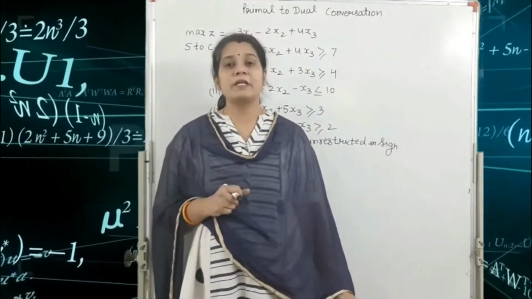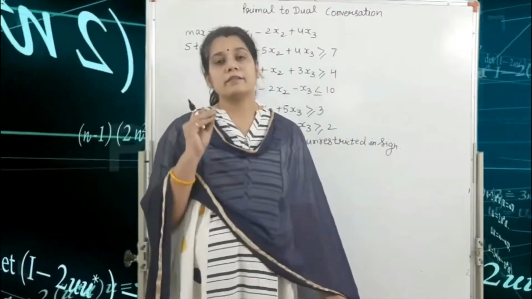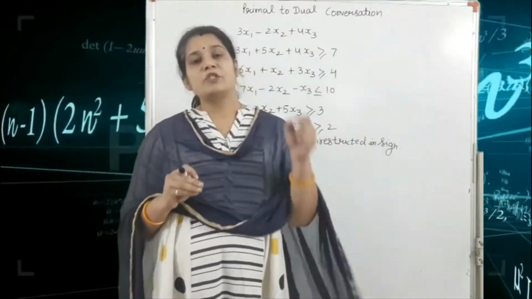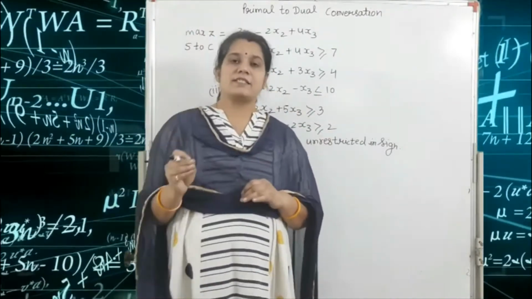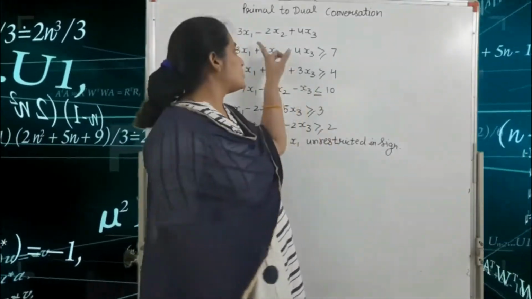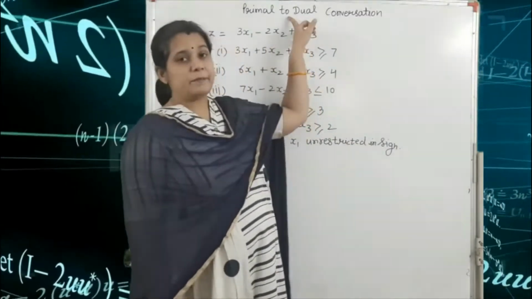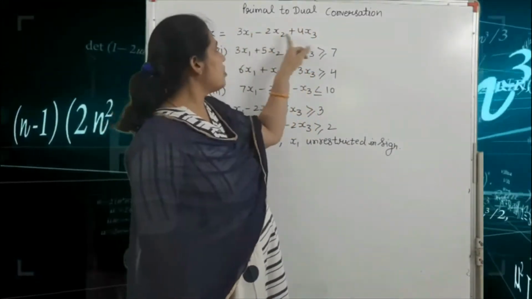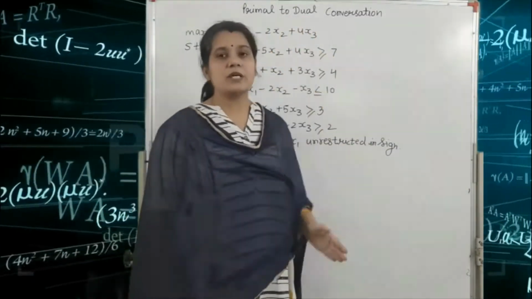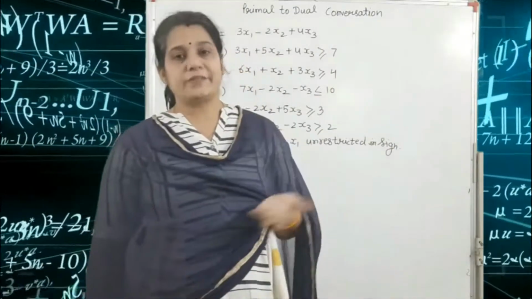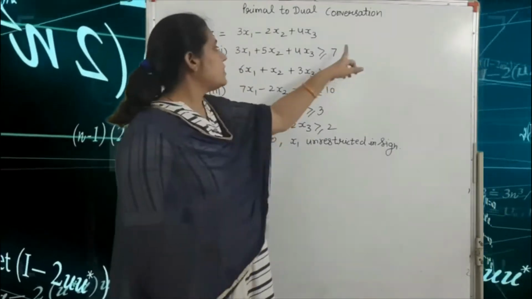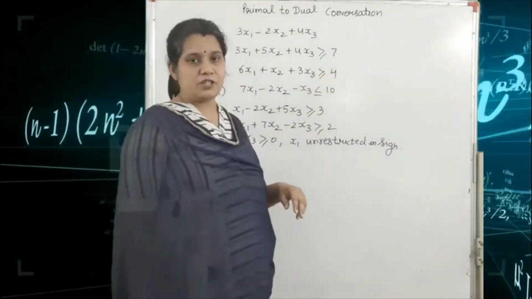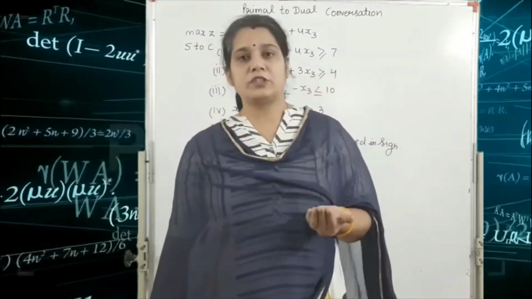The first property is that the objective function in the primal converts into the subject to constraint equations in the dual. Got it? The second point is that the subject to constraint equations in the primal convert into the objective function.